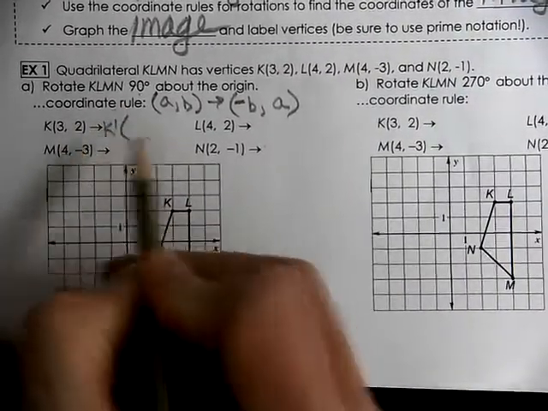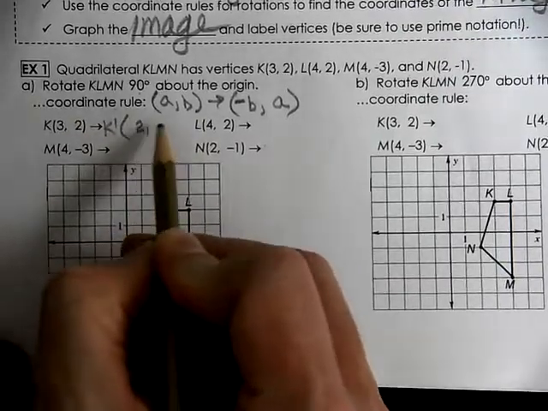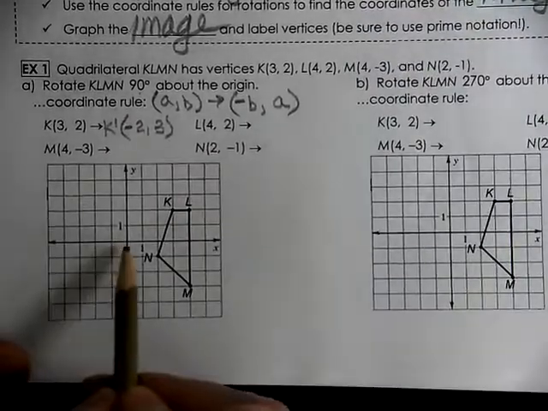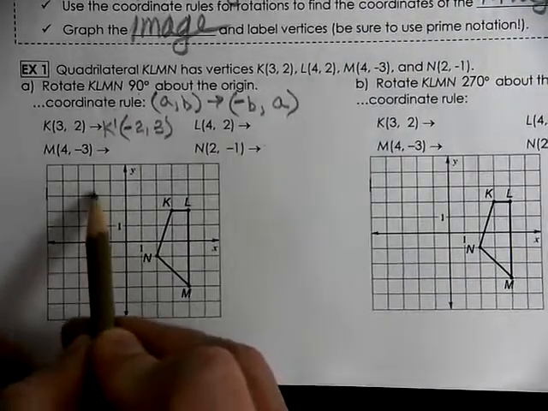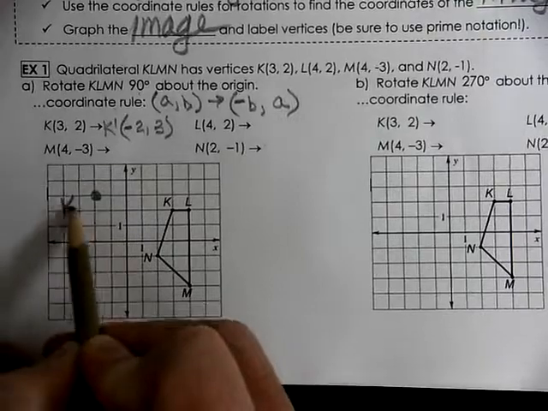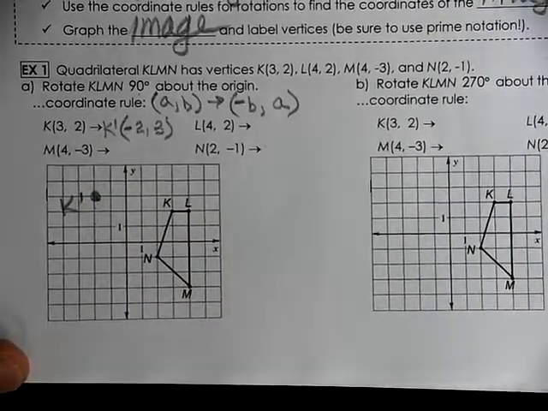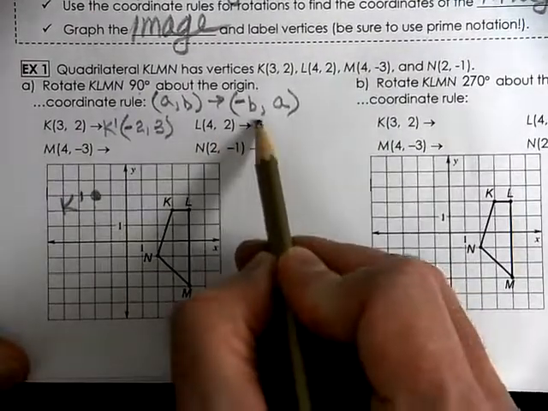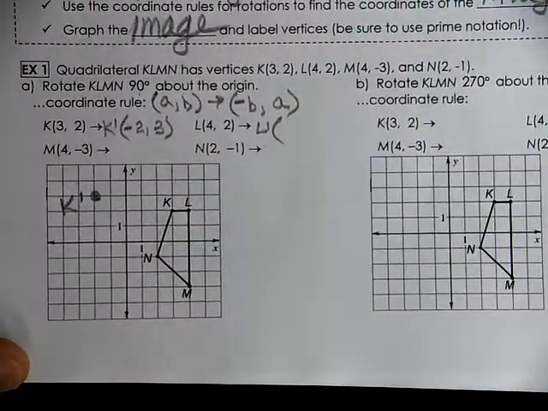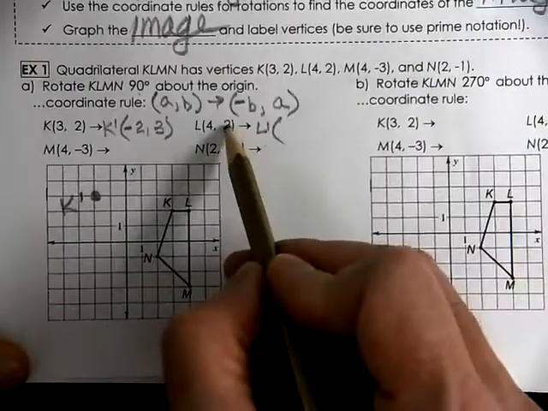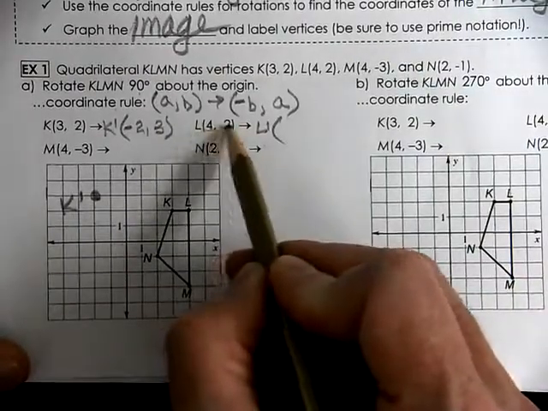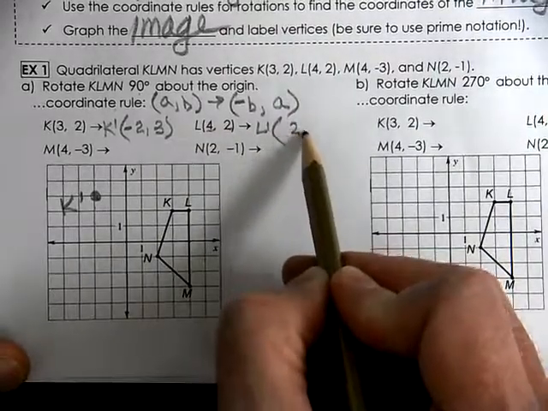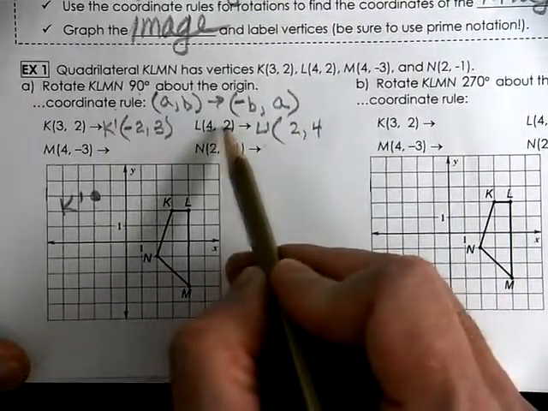K prime is going to switch the numbers and change the sign on the left. So that is 2 to the left and 3 up. That's your K prime. The L, so L prime, what's that going to be? You're going to have the 2 before the 4 because you switch the numbers.